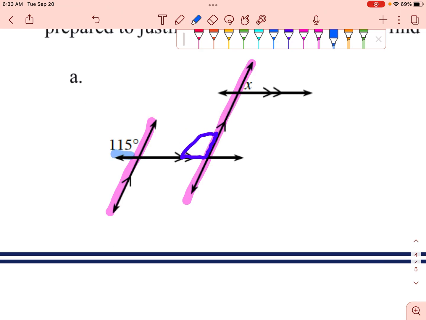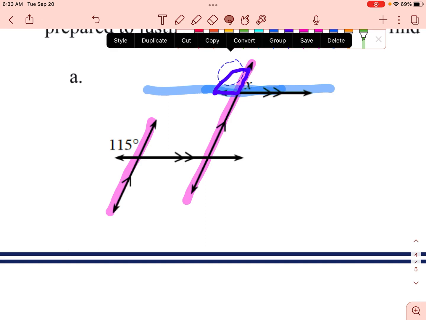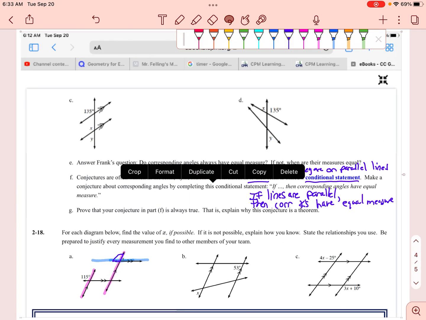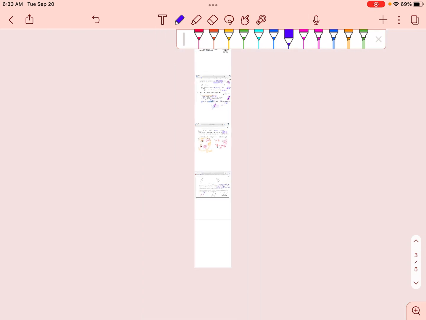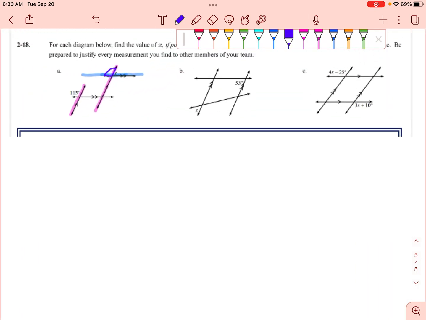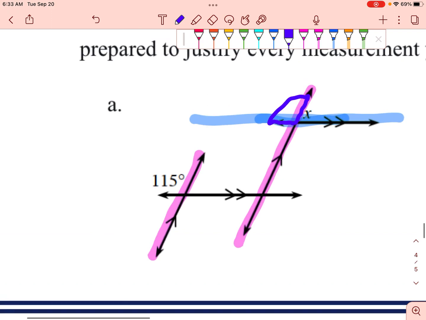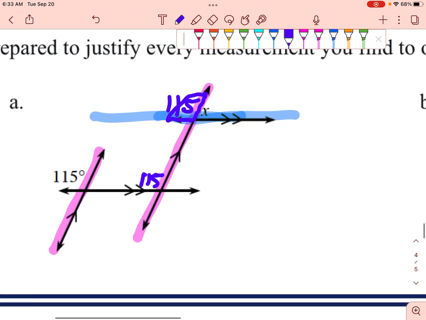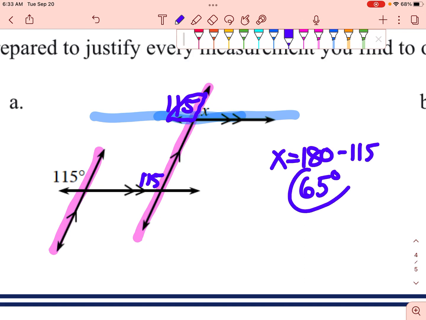You can also see that this blue line is parallel with that blue line. So when I slide this up, it matches. So this is obviously 115 degrees, and therefore this is 115 degrees, and therefore x has to be 180 minus 115, or 65 degrees.